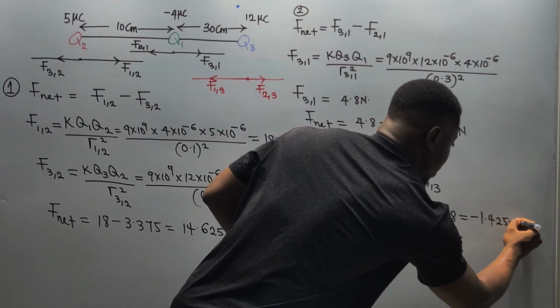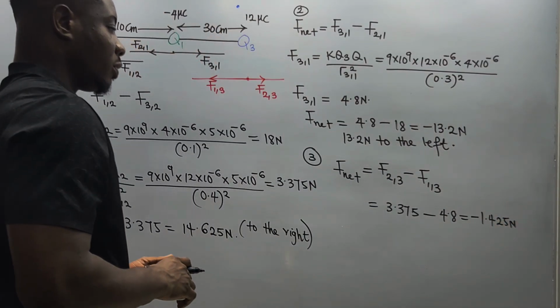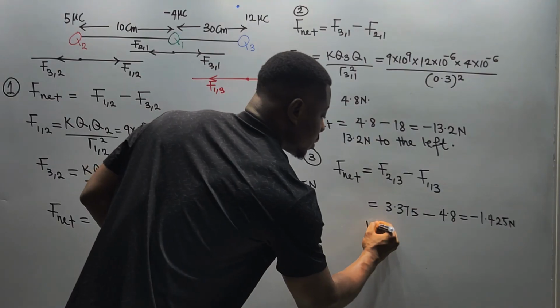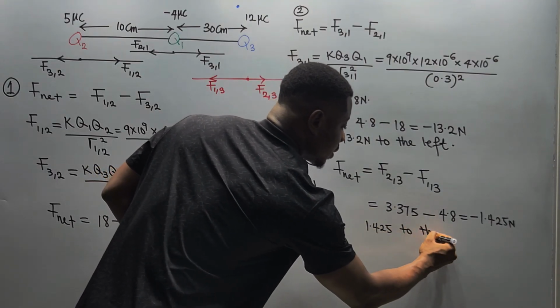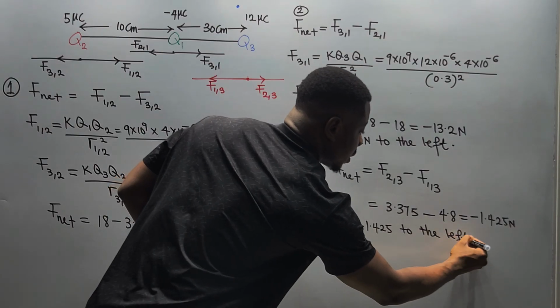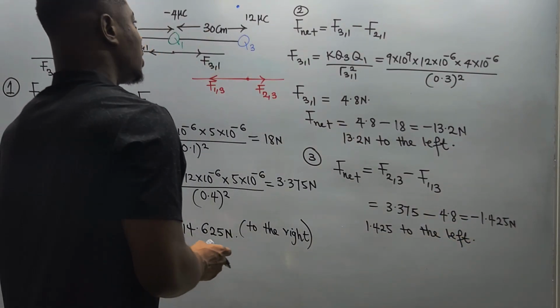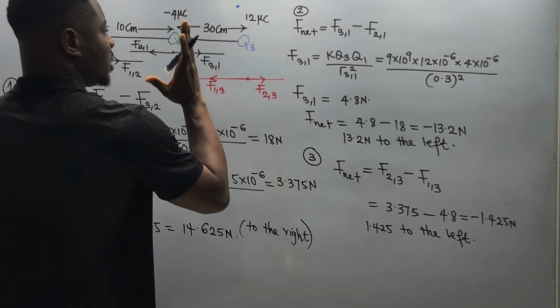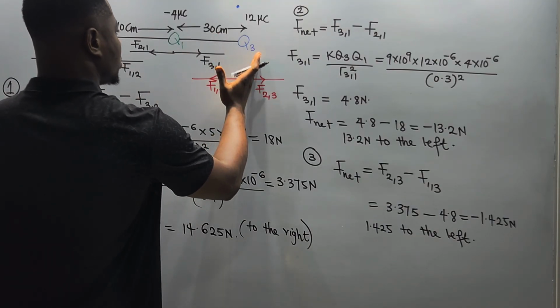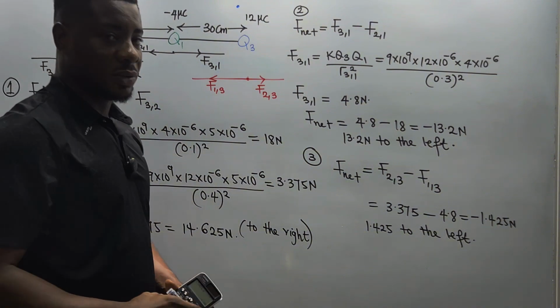Negative 1.425 here simply means 1.425 to the left. Now when you check, you can see that to the left is actually towards the charge. And I told you that once the net force direction is towards the charge, it is an attractive force.